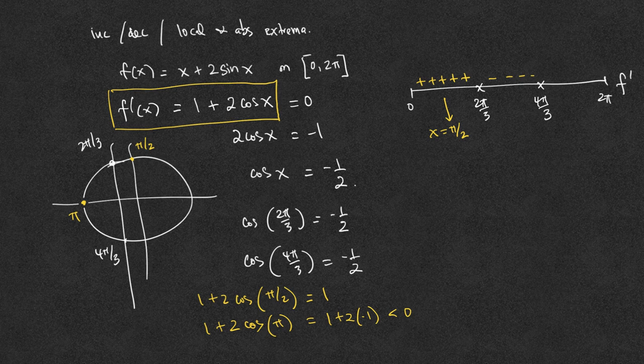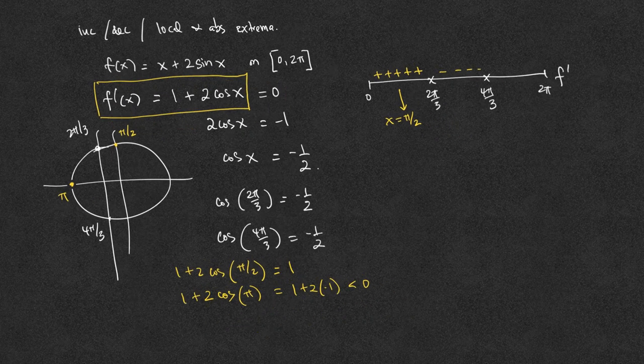And for the third interval, we can use 3 pi over 2 as a test point. F prime of 3 pi over 2 is 1 plus 2 cosine of 3 pi over 2. But cosine of 3 pi over 2 is 0, so this is 1, positive.